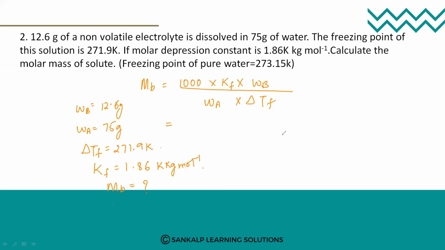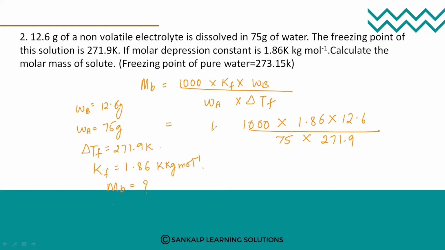So how will you put the values? 1000 into Kf, which is 1.86, into WB, which is 12.6, divided by WA, which is 75, into delta TF, which is 271.9.